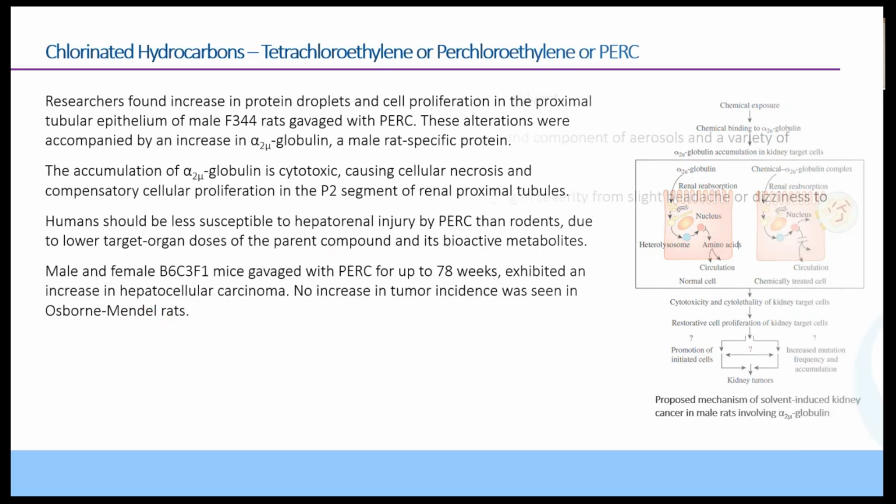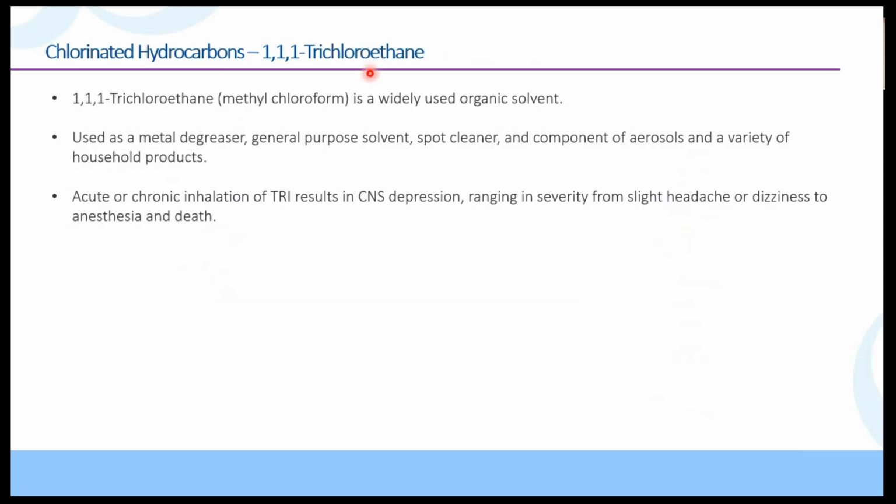Then moving on to the next chemical in the chlorinated hydrocarbon class, which is 1,1,1-trichloroethane, also called methyl chloroform, which is a widely used organic solvent. It is also used as a metal degreaser, a general purpose solvent, spot cleaner, and component of aerosols and a variety of household products.